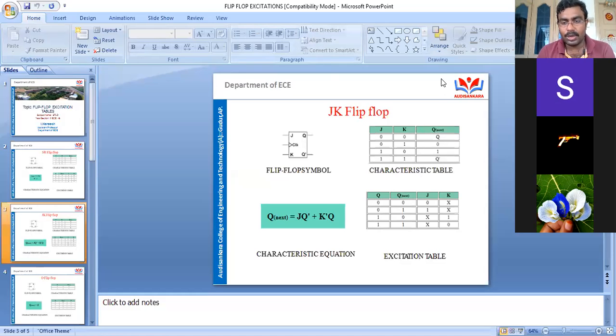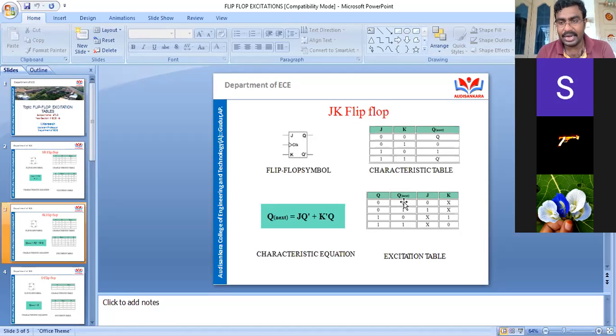Look at the detailed truth table we have for JK flip-flop. In which combinations can we get both the present state and next state values as 0?